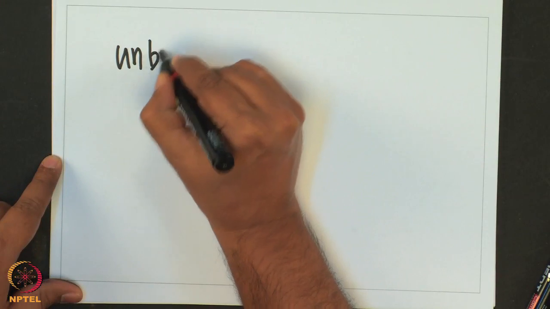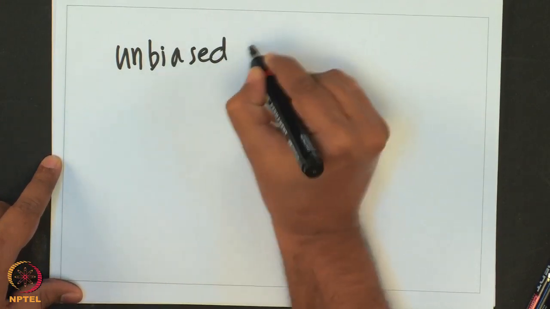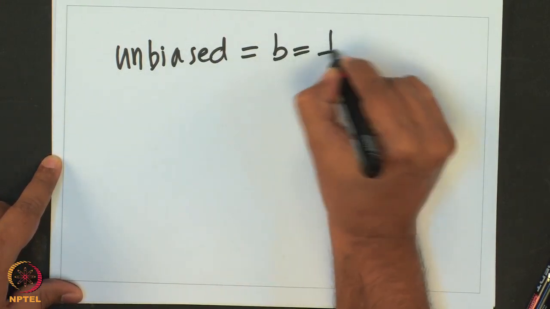In a typical situation, if you have offspring, male or female, there is an equal probability of the offspring being male or female. So the probability is half. So b is the bias. Typically, an unbiased situation would mean b is equal to half.